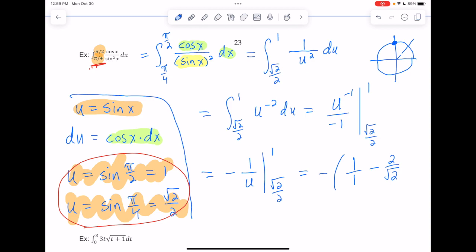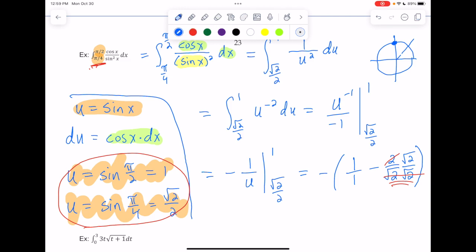And then you can rationalize that, multiplying top and bottom by root 2. And if you do that, you'll get 2 root 2 over 2, and the 2's would cancel. So this part right here, root 2 times root 2 is just 2, so that'll cancel this part, and you get just the minus root 2.